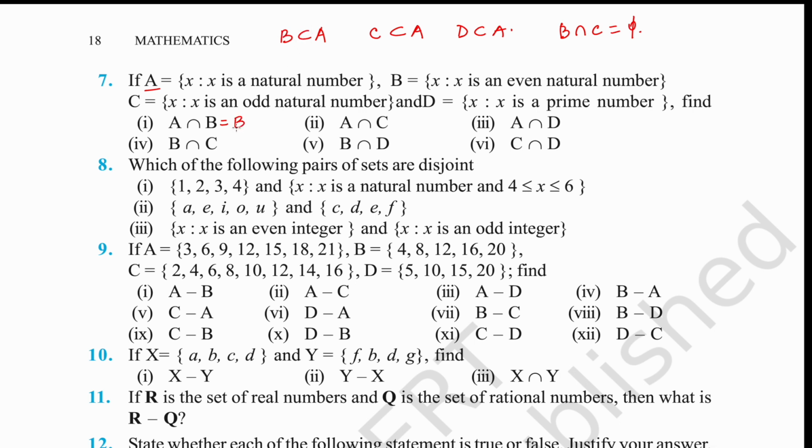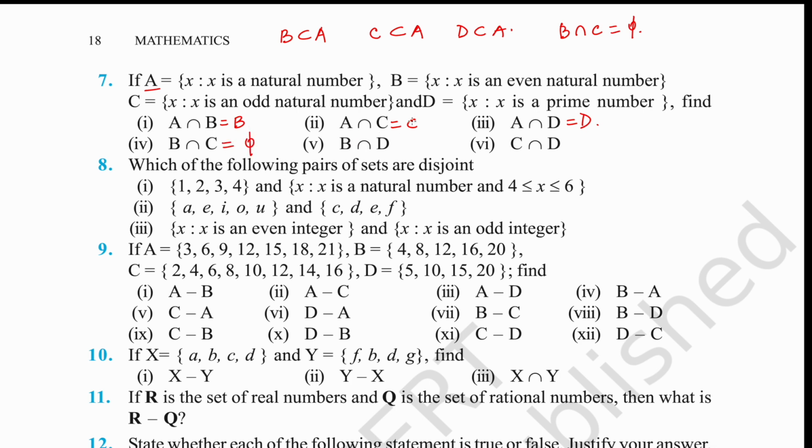So your answer is going to be B. A intersection C, again C is a subset of A. So the answer is going to be the smaller of the two sets. So answer is C. A intersection D, again D is a subset of A. You'll get your answer as D. B intersection C, we have already established the fact that these two do not have anything in common. So this will be your phi.